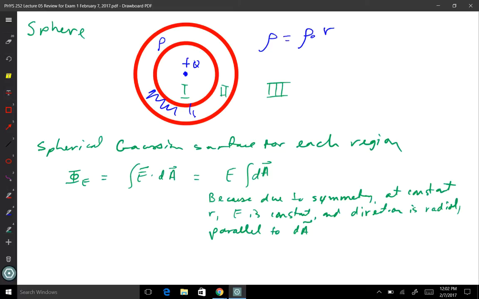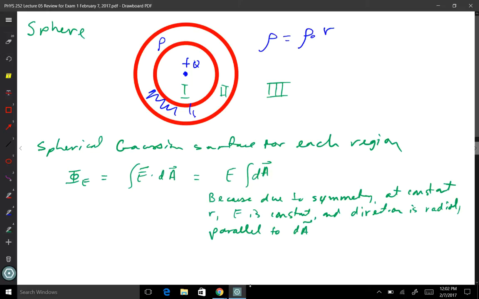So I did 2 symmetry arguments there. One, at constant radius, you have to have constant electric field if you have spherical symmetry. And number 2, with the spherical symmetry, the direction of the electric field has to be radial, just going in or out.